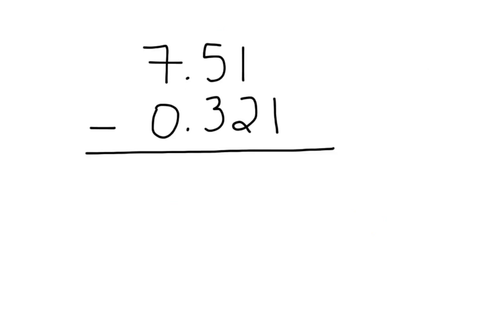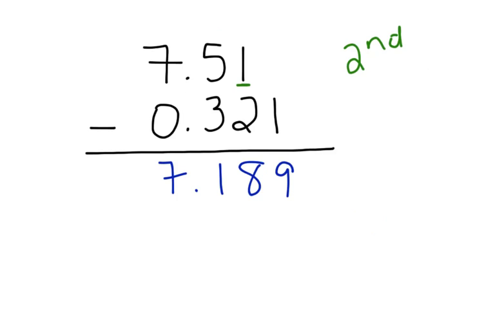7.51 minus 0.321. When you do this on your calculator, you get 7.189. Again, we have to look at the place value for each significant figure in our problems. In 7.51, the last significant figure is the 1, which is in the second decimal place, or the hundredths place.